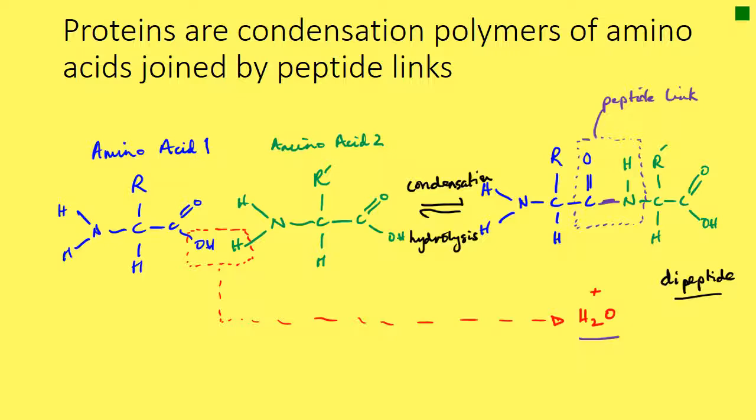Okay, and let's draw in green amino acid 2. And so this time we're going to have our dash joined to our central carbon. The rest we can make the same.